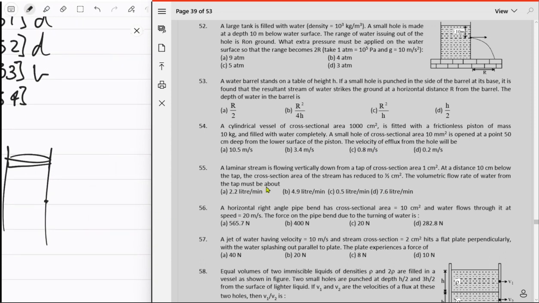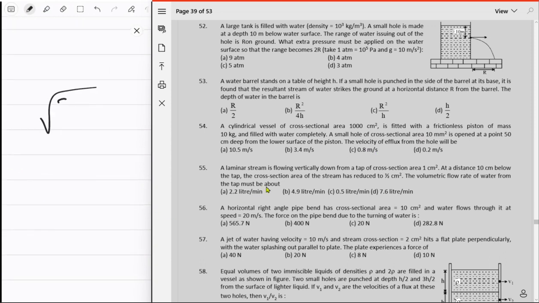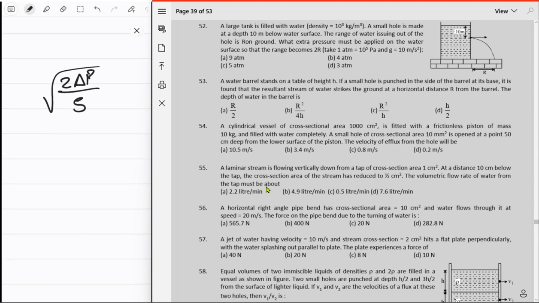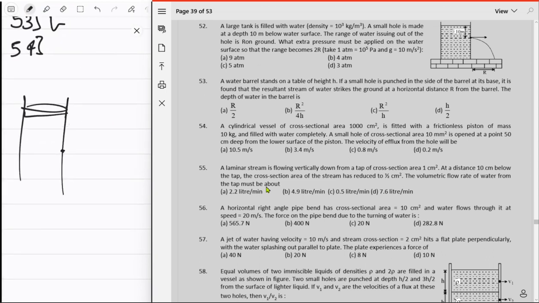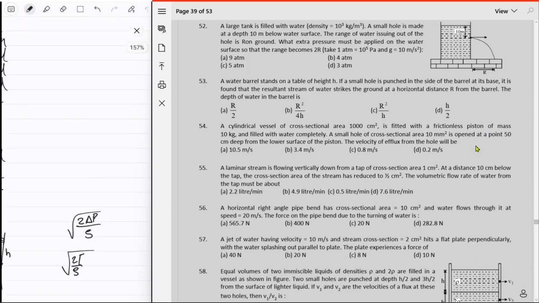So use our formula, 2 delta P upon rho. Now delta P would be, let's say this thing is H, so H is equal to 50 centimeters, which is 0.5 meters. The small hole area, does that even matter?